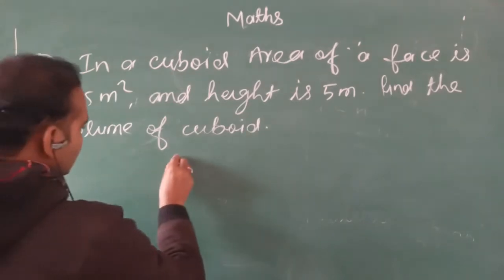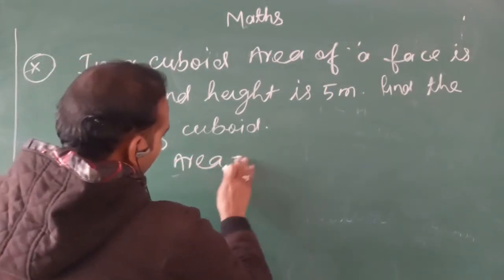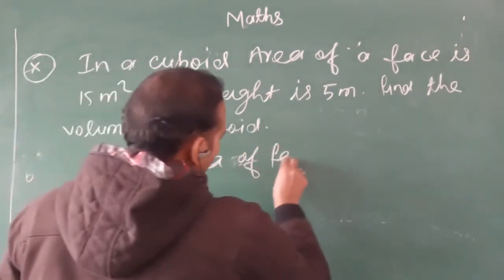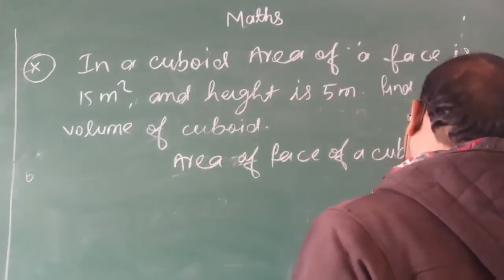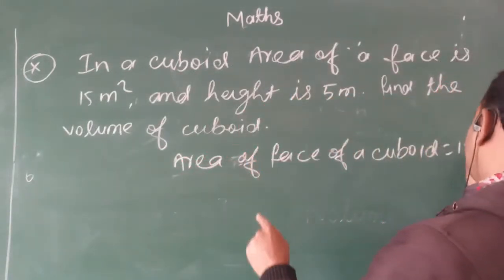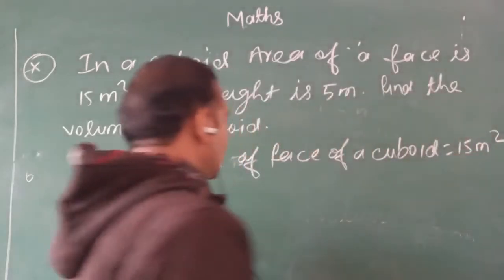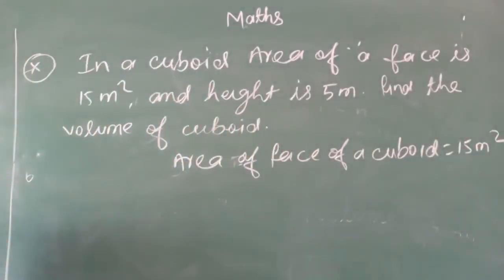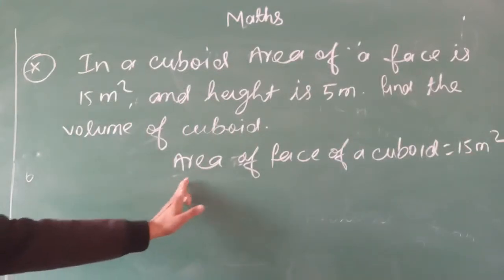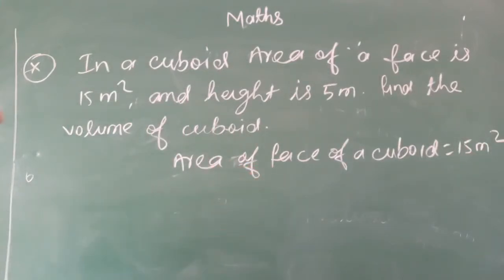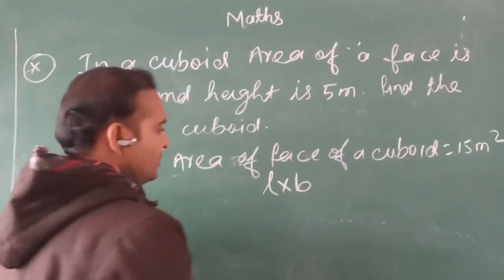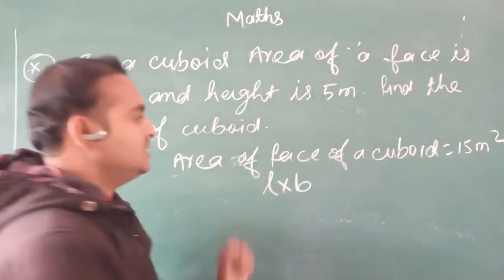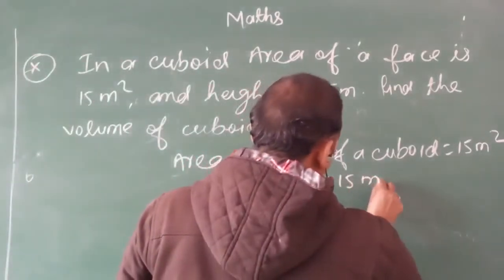Area of a rectangle is length into breadth, which is 50 meters square.